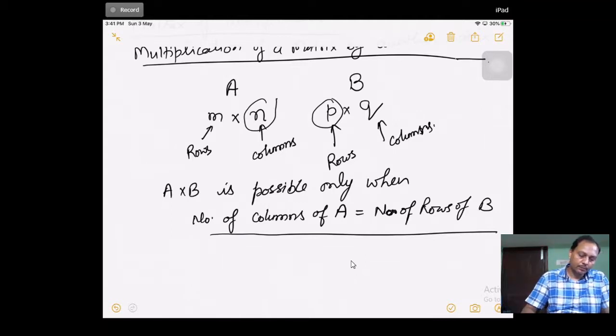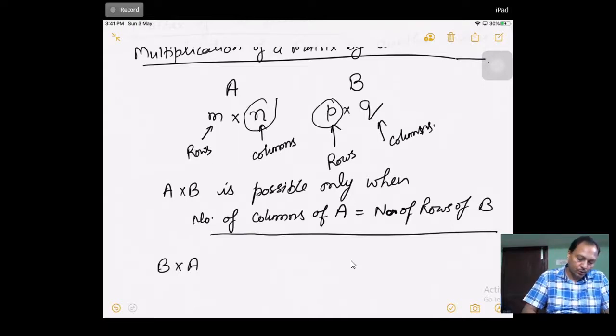If we reverse the product, like B into A, then what will happen? First of all, we check the columns of B and the rows of A. If these are equal, then B into A is possible.